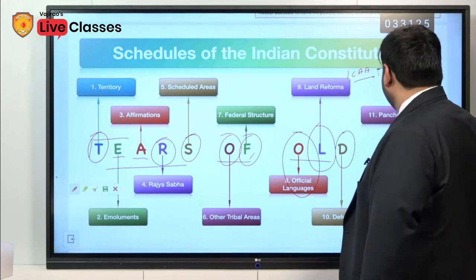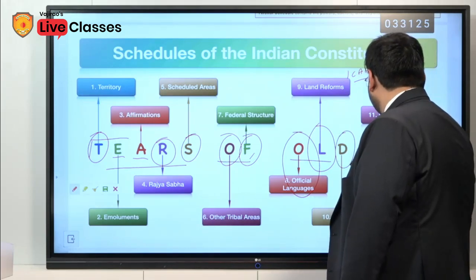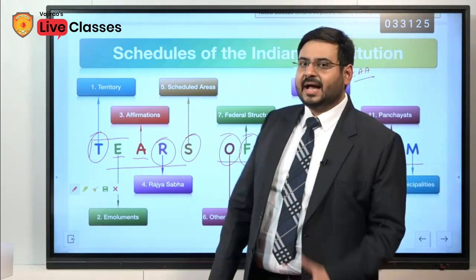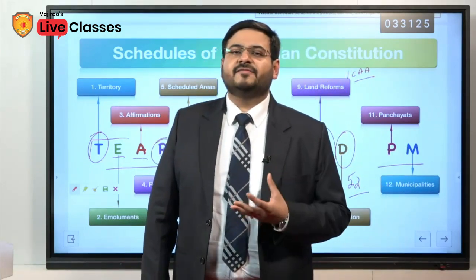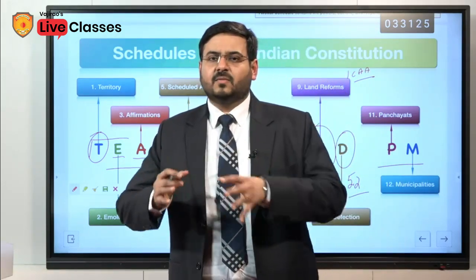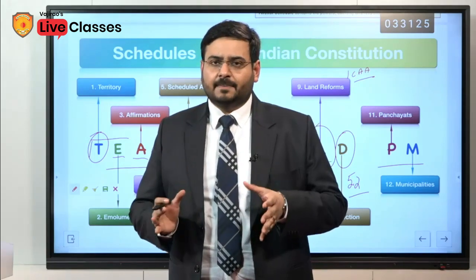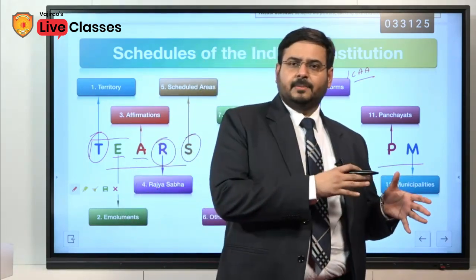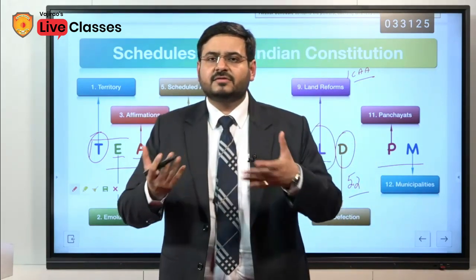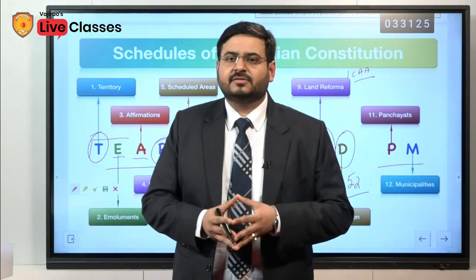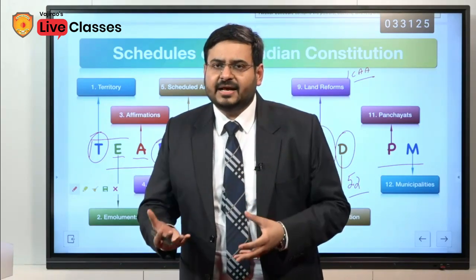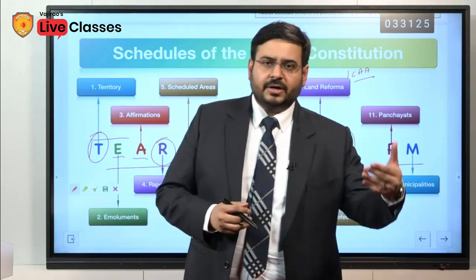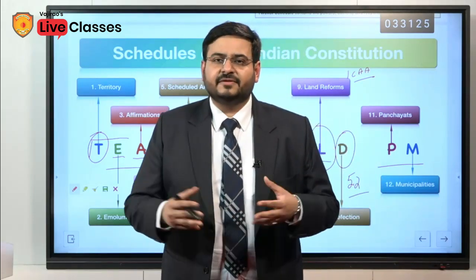The 10th schedule was added through the 52nd Constitutional Amendment Act, which provides the ideas related to anti-defection. Defection means when a person from a political party joins another political party for the sake of certain ministership or some power. Similarly, if an independent member joins any political party, that is called defection.